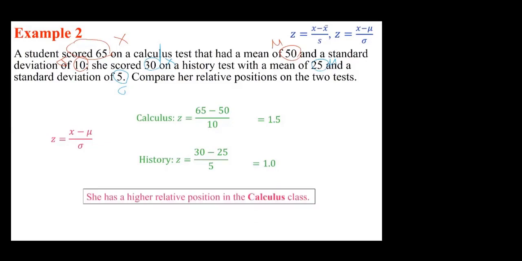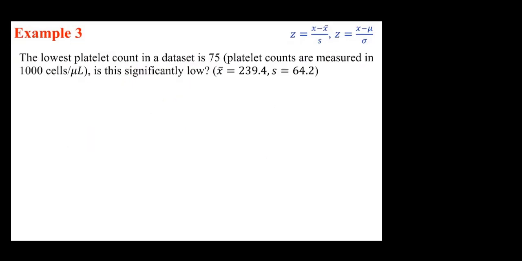Let's look at one more similar example for the z-score. The lowest platelet count in a data set is 75. Platelet counts are measured in 1,000 cells per microliter. Is this significantly low? X bar equals 239.4, s equals 64.2. Okay, so we just use the z-score to figure out what's going on. According to the z-score, x minus x bar over s.